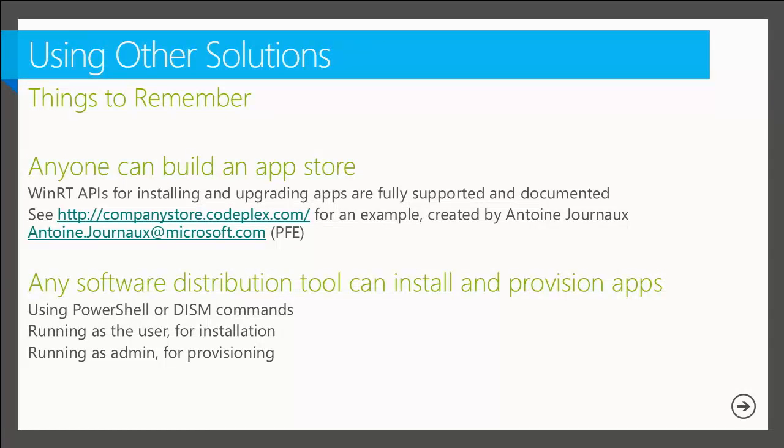The companystore.codeplex.com sample uses a kind of a hybrid approach where you have a modern UI that displays the applications, and then it launches a desktop application to actually do the install. So there are some tricks on doing that. That particular example was created by a Microsoft PFE in Europe to really just give you a good idea of what it would take to set up such a thing.